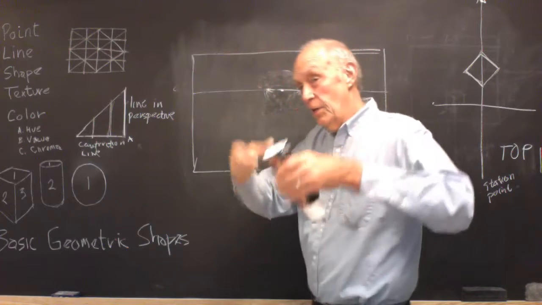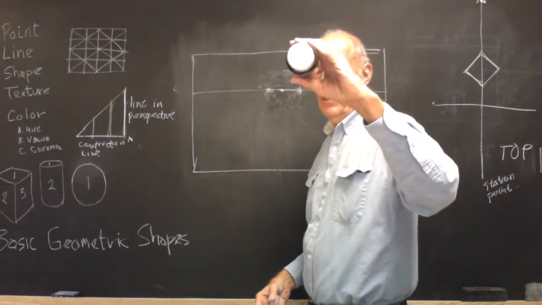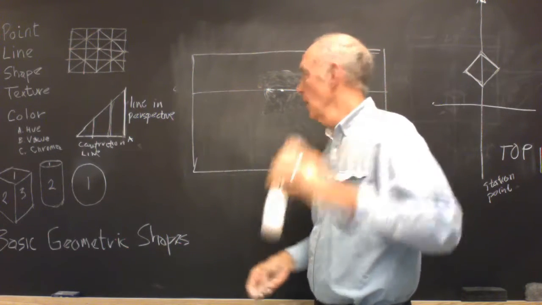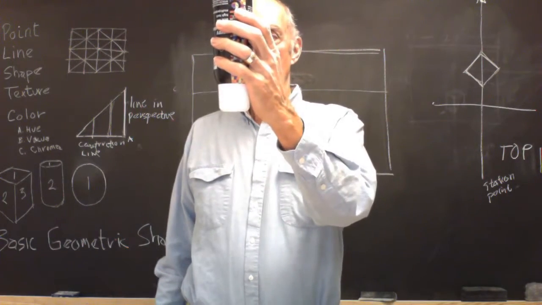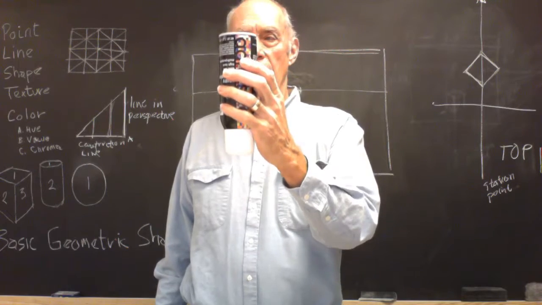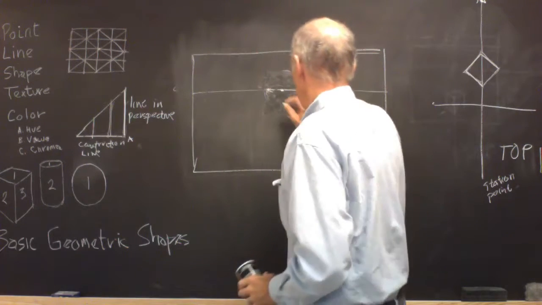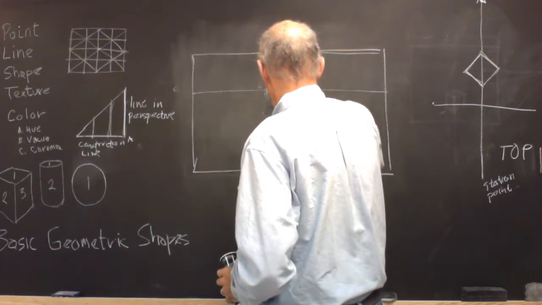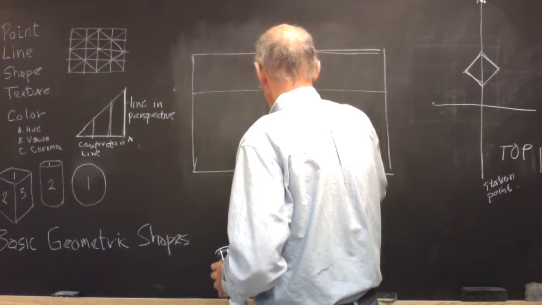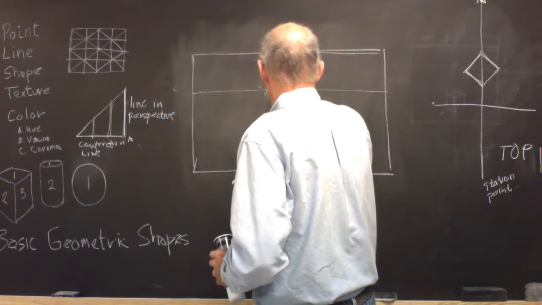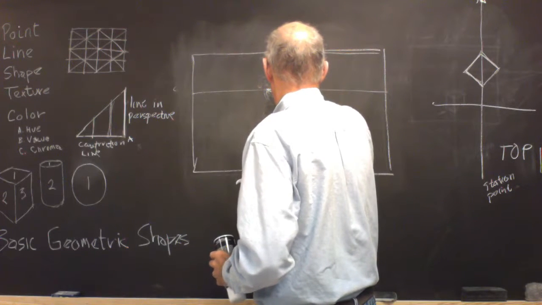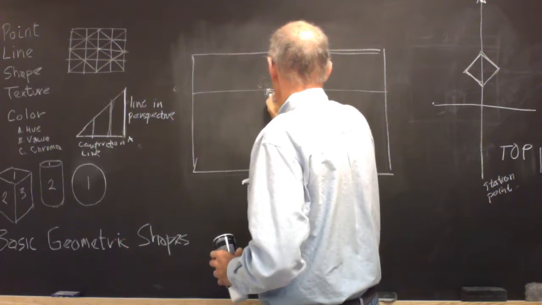If I rotated it back until it was parallel to me, it would be a circle. Another thing that happens is if I take this and I start lowering this down, in other words, I start moving this circle down, it's going to, right here, it's going to be a really thin ellipse.